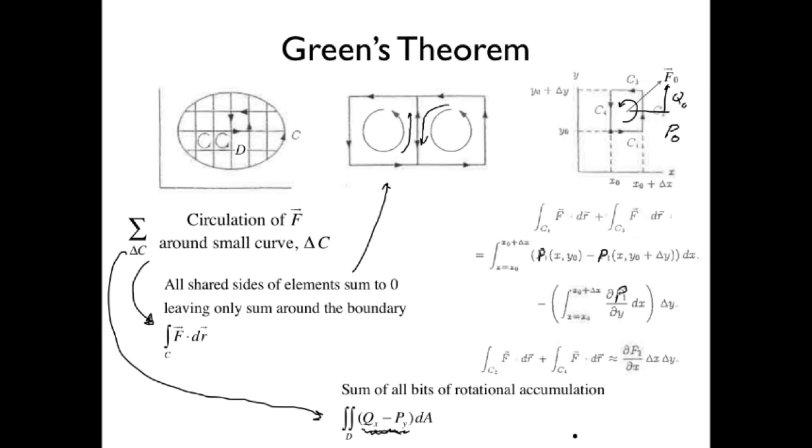Okay, love to talk more about that. Without doing the whole proof, that's just an overview of where this comes from. But again, the main thing is that it's the accumulation of lots of little bits of change, like twisting change in each element, and that ends up being the total change around the boundary when all the shared sides cancel out, when all the shared sides sum to 0.